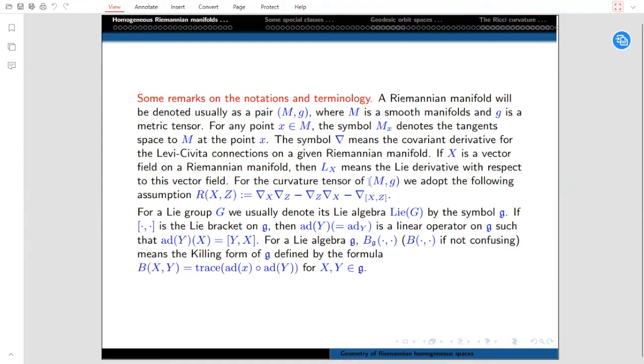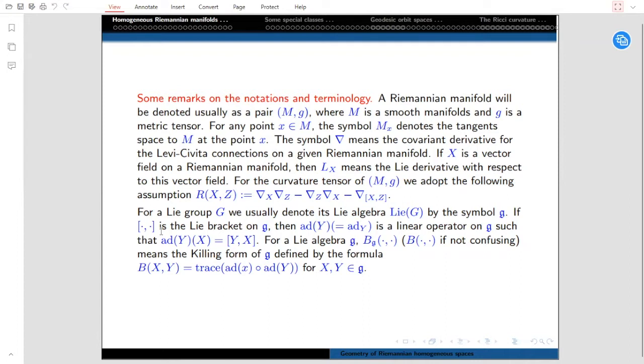For the curvature tensor of a Riemannian manifold, we adopt the same convention as in the book of Kobayashi and Nomizu. And a little about Lie groups and Lie algebras. For a Lie group G, we usually denote its Lie algebra by this symbol or by the symbol Gothic g.